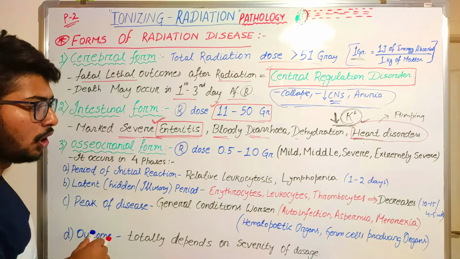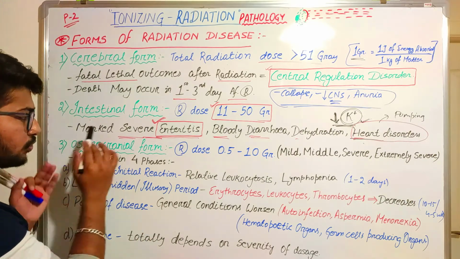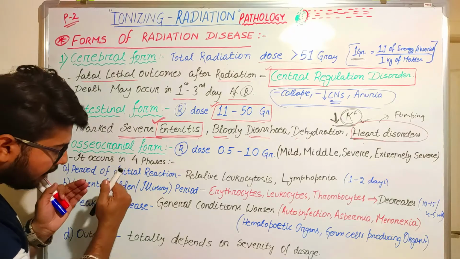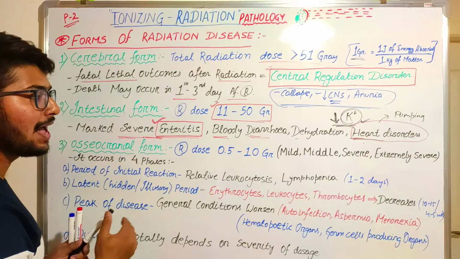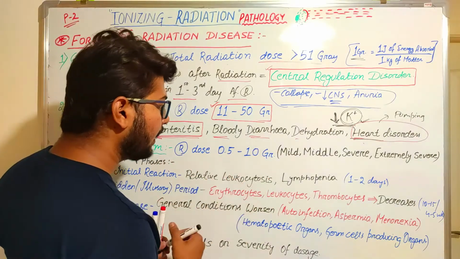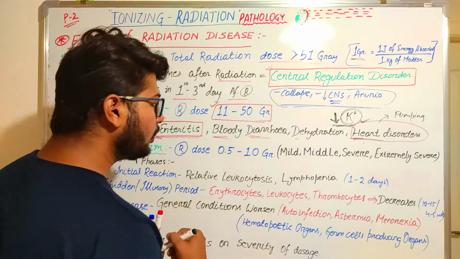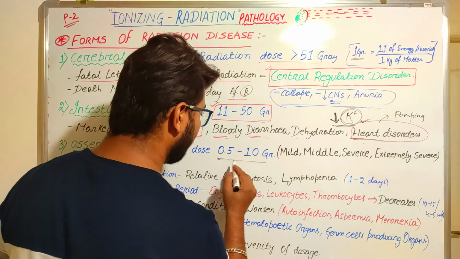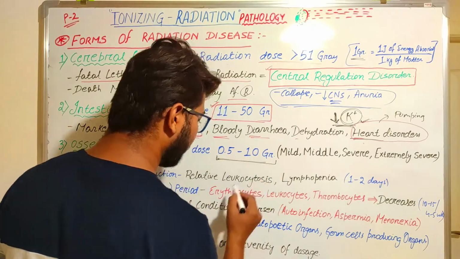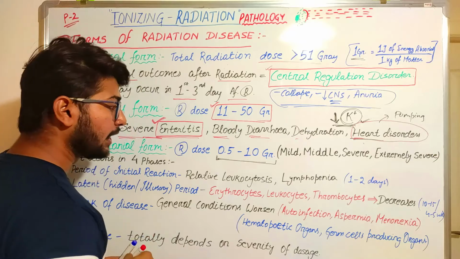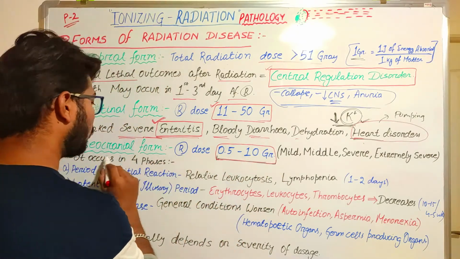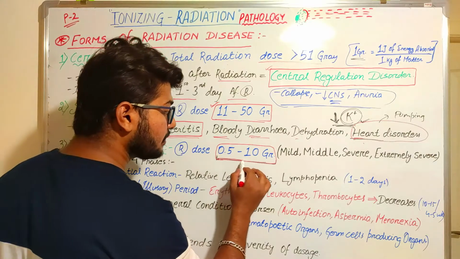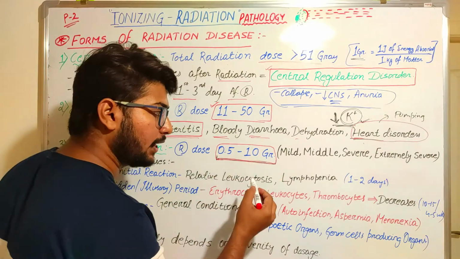This osteocranial form occurs in certain phases, and it has different varieties, divided according to the total amount of radiation given. The osteocranial form is said to occur between 0.5 to 10 gray.